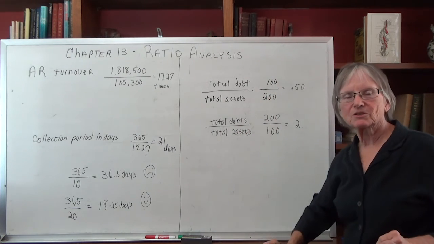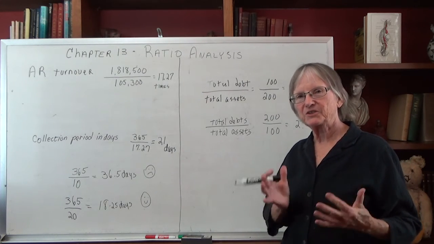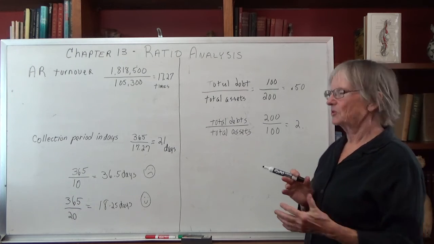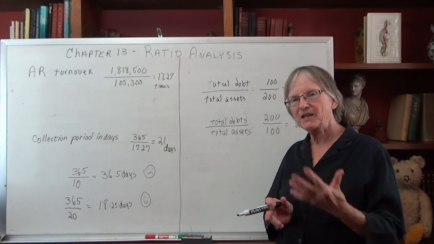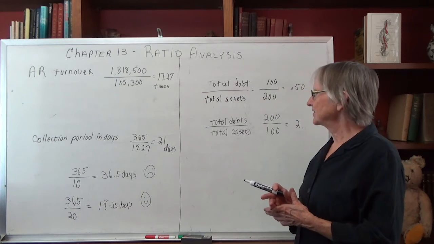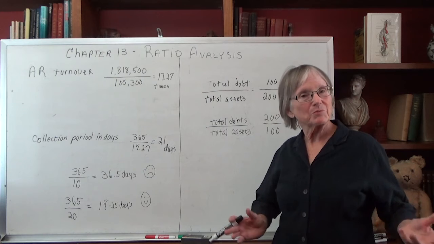A lot of companies that show good net income may have a rather terrible total debt to total assets ratio, and what that means is that they're paying interest on all that debt, and that gives them less financial flexibility. You can take this in personal terms.